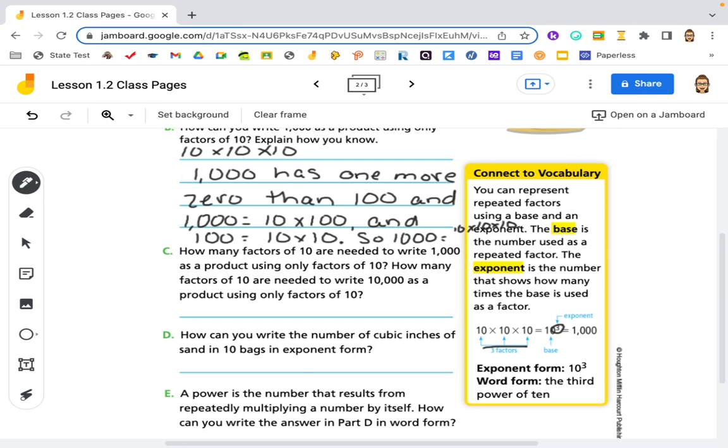Well, as we saw up here, it is 3 factors of 10 for 1,000. Then it asks, how many factors of 10 are needed to write 10,000 as a product using only factors of 10? Well, that would be 4 factors because it would be multiplying by another 10.